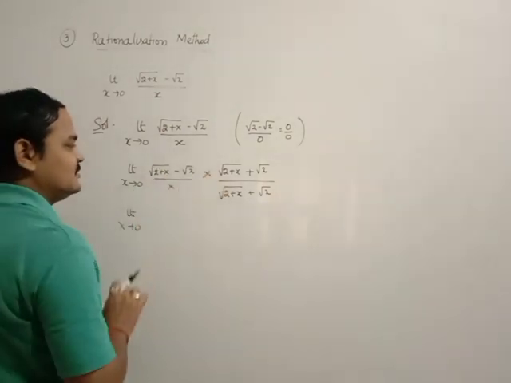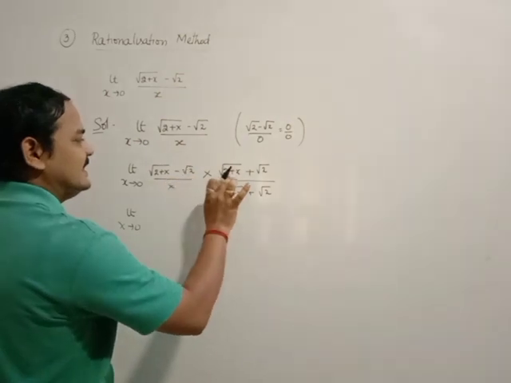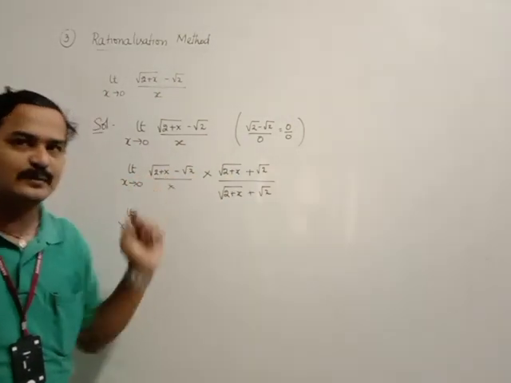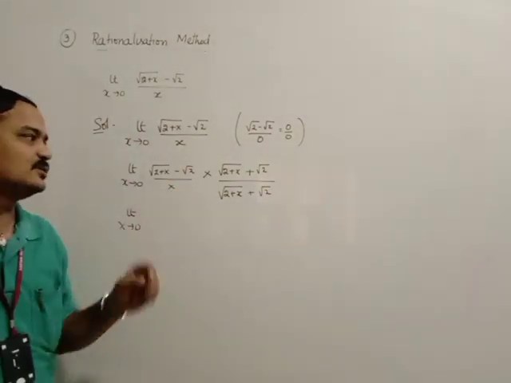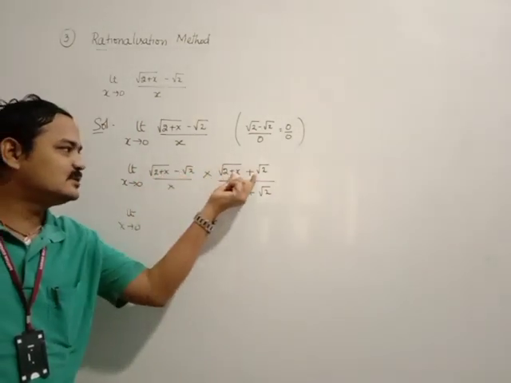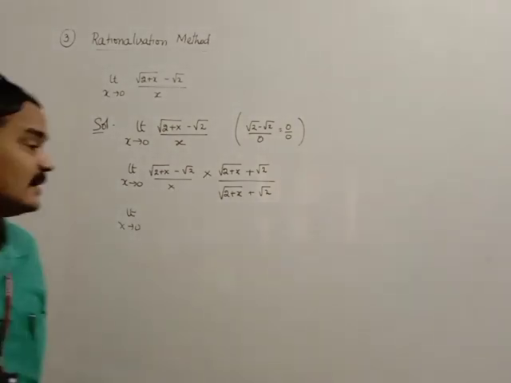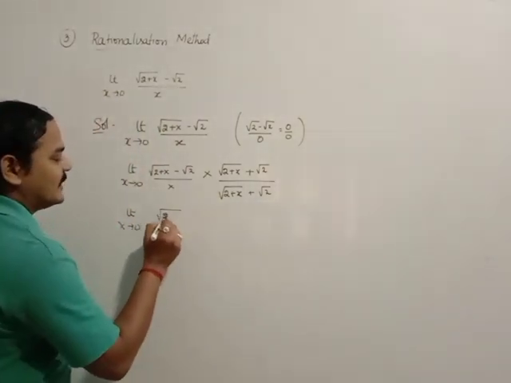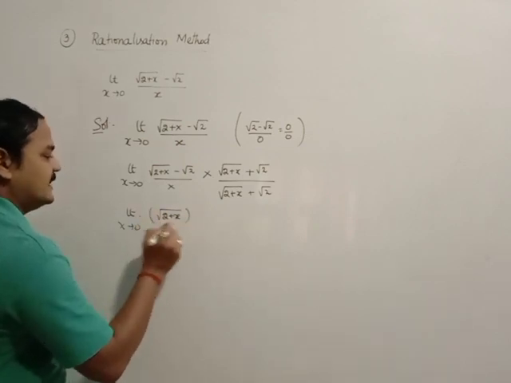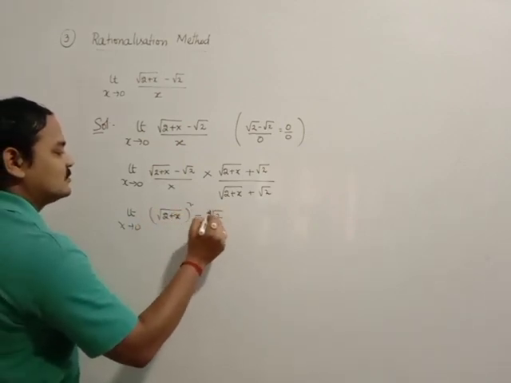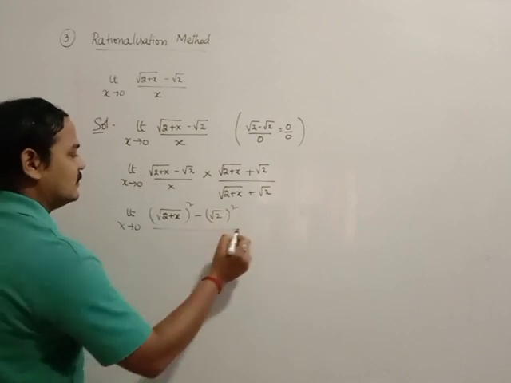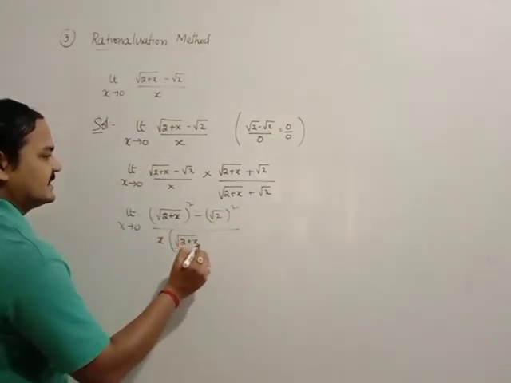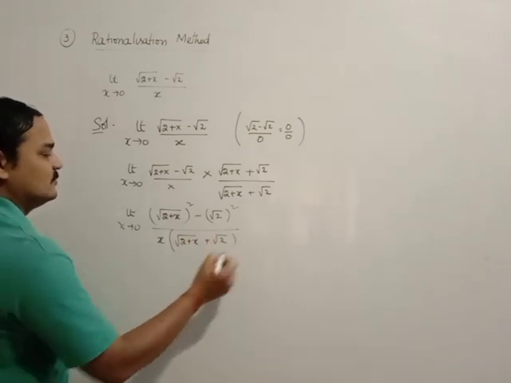In the numerator it is a minus b into a plus b, where a is root over 2 plus x and b is root 2. It forms a square minus b square: root over 2 plus x whole square minus root 2 whole square, by x into root over 2 plus x plus root 2.